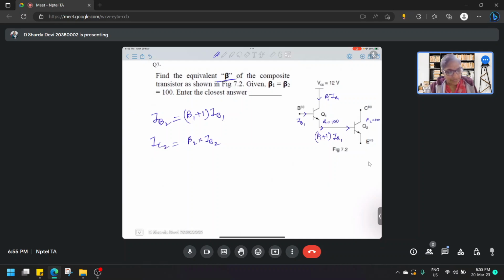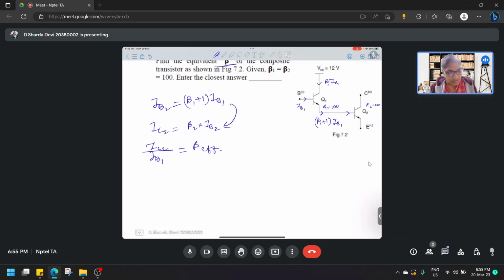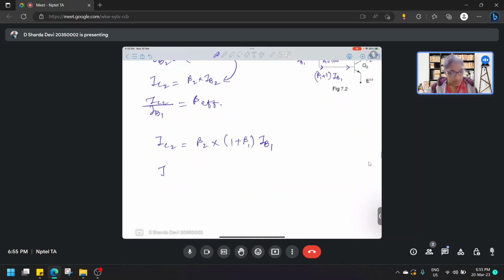So the effective beta of both circuits should be IC2 by IB1, which will give us beta effective, right? So now let's substitute. IC2 is beta 2 into 1 plus beta 1 into IB1, right? So IC2 by IB1 is beta 2 into 1 plus beta 1.